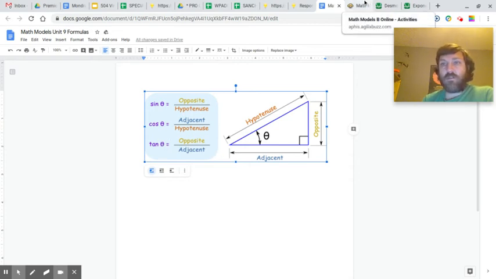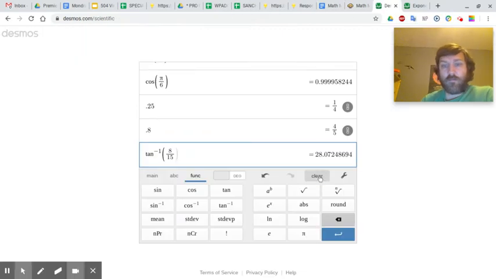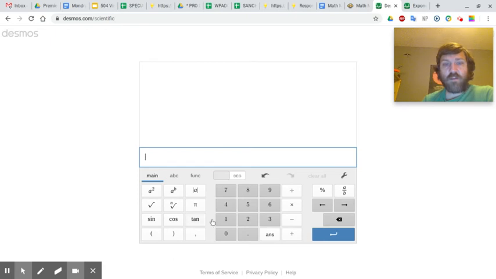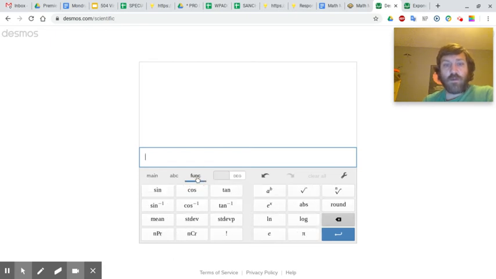So the way we're going to do that is on the calculator. There's a button for that. Clear this out. If you're on the main screen of your scientific calculator, click function. And you'll see there's sine, cosine, tangent, and below them, sine -1, cosine -1, tangent -1, which is inverse. So we're going to be doing the inverse of these functions.